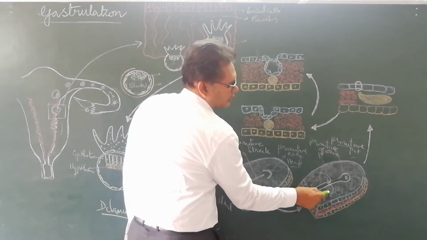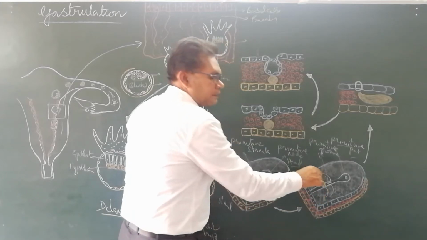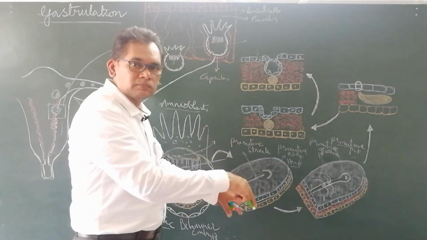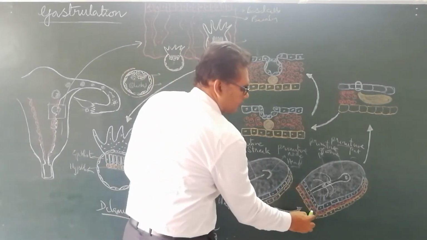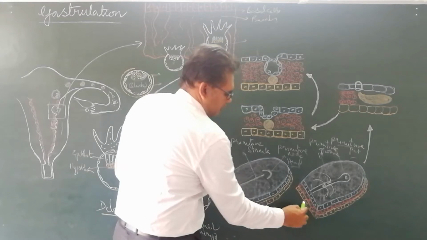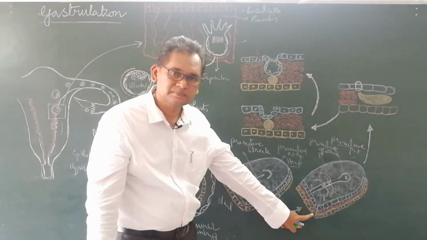This is the movement shown by the epiblast cells. They move through this primitive groove and fall on the hypoblast.